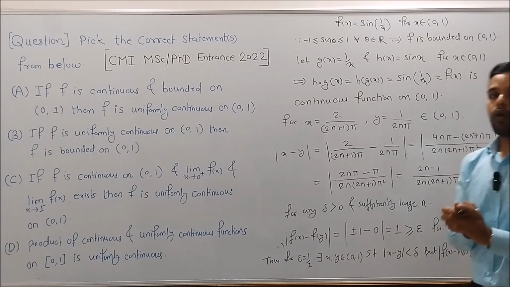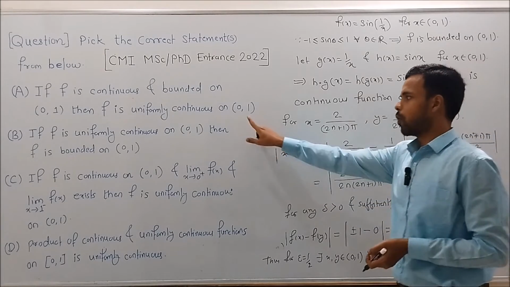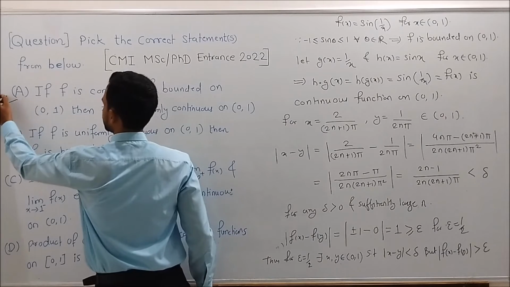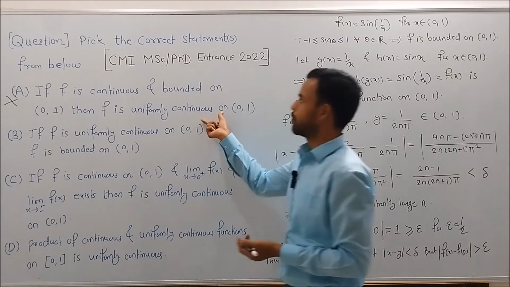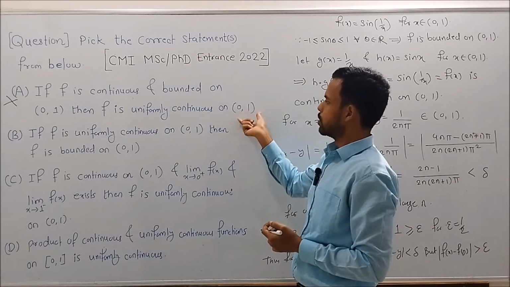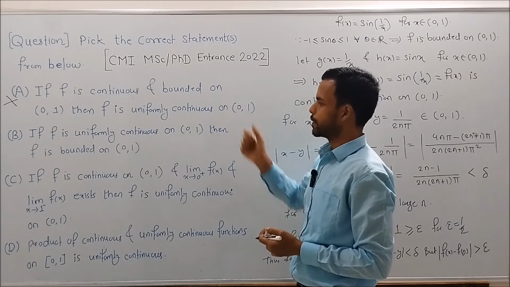So f is not uniformly continuous on the open interval (0,1). So option A is wrong, that is, it is a false statement, and we have to choose the statements which are correct. So option A is discarded.